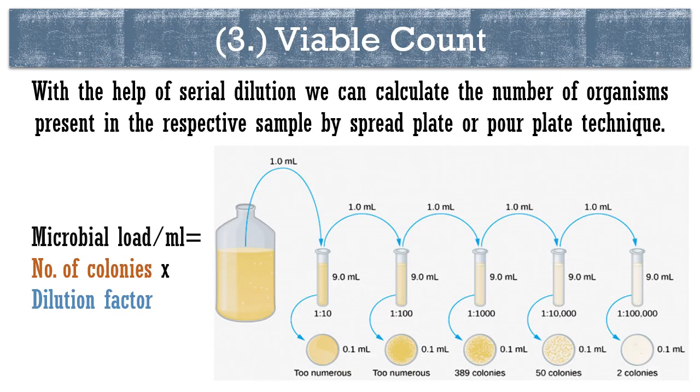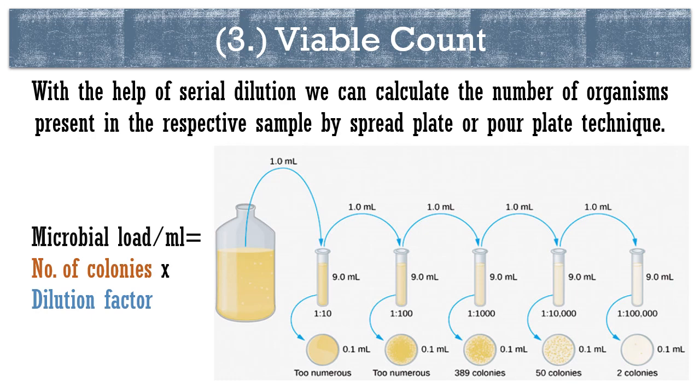Now let us come to another method, that is the viable count. As I told you earlier, this is an indirect method of cell number count, because here we do not directly introduce the sample as in the staining method or chamber method, where we directly introduce a suspension or sample into the chamber or onto a slide, observe under the microscope and come to a conclusion.